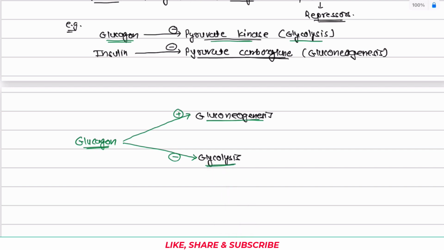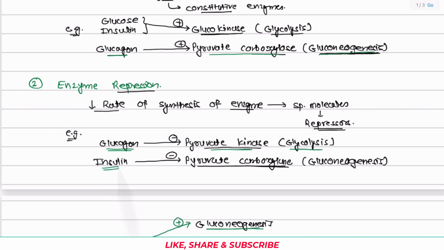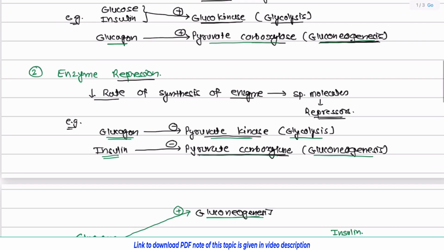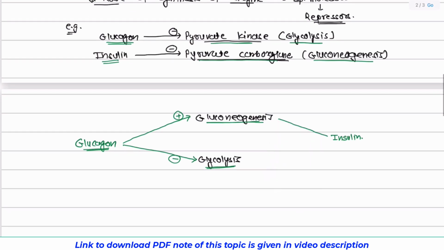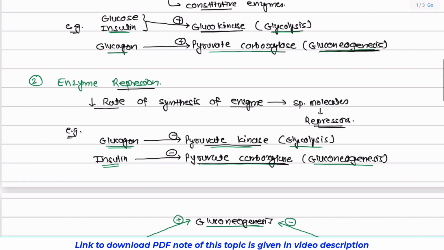breakdown. And the opposite thing occurs in the presence of insulin. See, what is insulin doing to gluconeogenesis? Over here, insulin is inhibiting gluconeogenesis, right? So insulin inhibits new glucose molecule synthesis, whereas in enzyme induction, insulin is stimulating glycolysis, right?